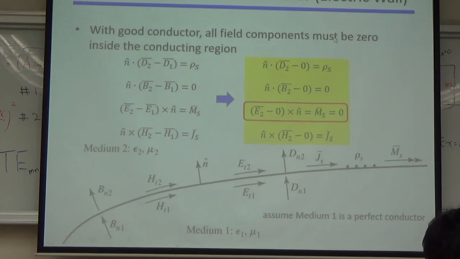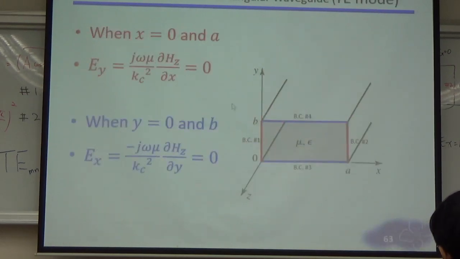And then you also apply the boundary conditions. You know the tangential E field equals 0 for the 4 boundaries. You differentiate Hz with respect to x and y, make them equal to 0, and put x equals 0 and a, y equals 0 and b, for the 4 different boundaries.